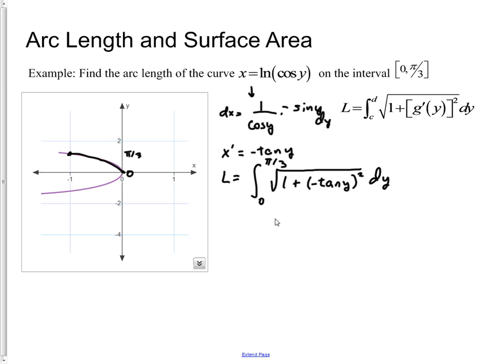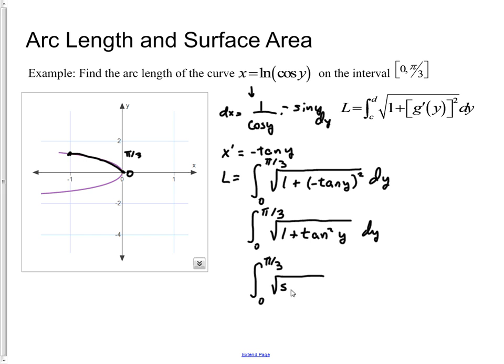Well, you may not recognize it right away, at least the way that it's written, but just a little bit of simplification shows us the following. Our function under the radical is 1 plus the square of tangent of y, and by our Pythagorean identity, that's actually an integral from 0 to pi over 3 of the square root of the square of secant of y, dy.